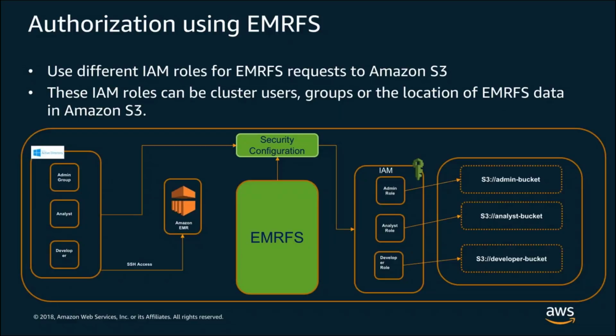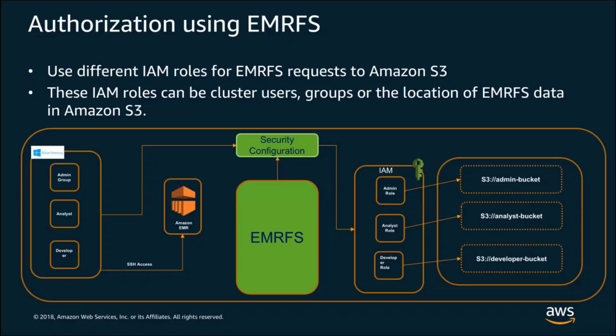Now, when it comes to authorization, there are a couple of choices that can be implemented in EMR. One is at the storage layer and the other is at the service layer. By default, when you launch an EMR cluster, whatever policy is attached to the EC2 role on your EMR cluster determines the data that can be accessed in S3.